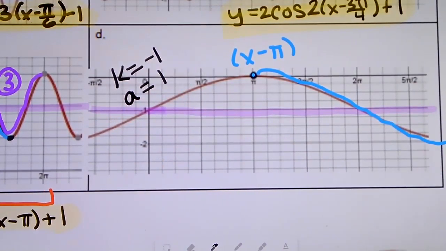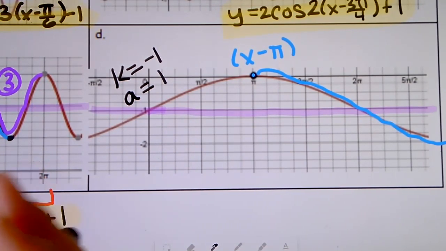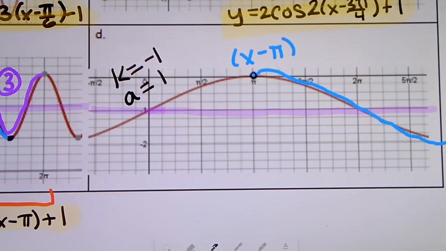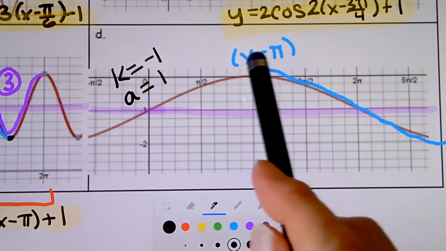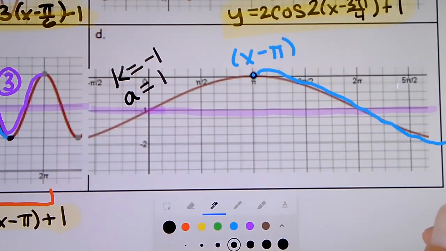And then in terms of my B, okay, when I do these, I look at the graph, and sometimes it's easier to think of it as the sine. Sometimes it's easier to think of it as the cosine. For me, in this situation, your cosines go from high to high or low to low.